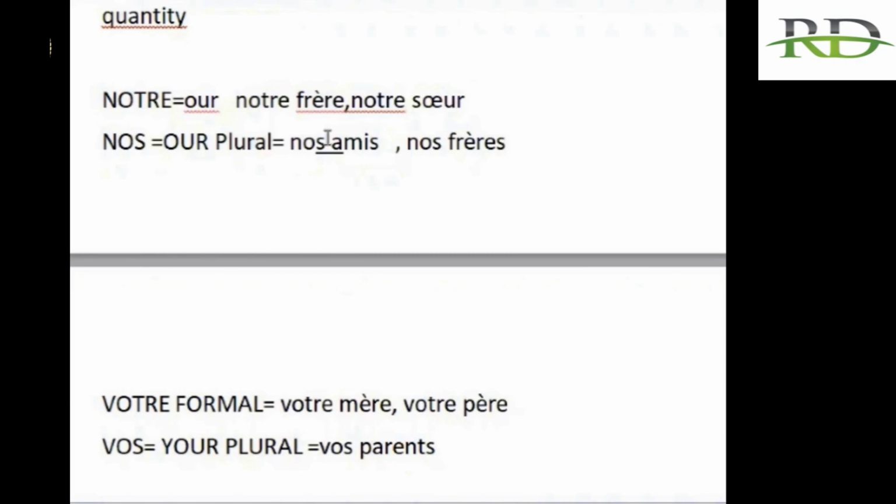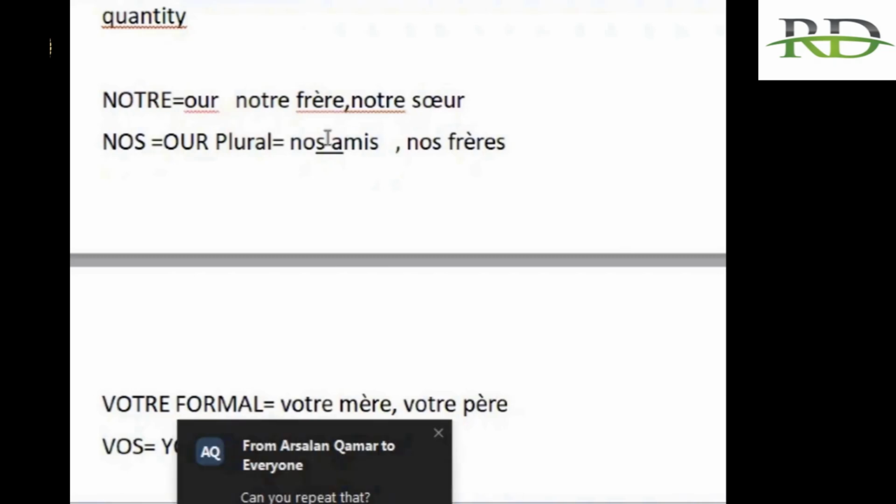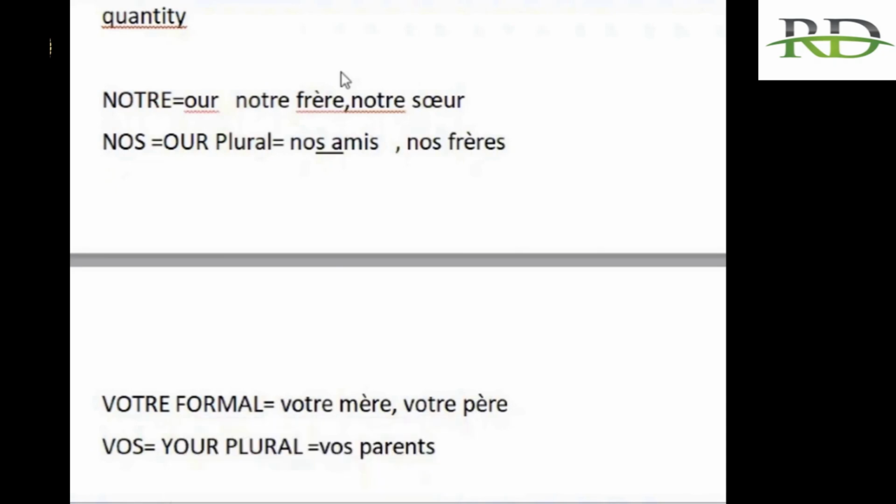Notre, and the same goes with the formal one. Yes, Arsalan, which one are you saying? This point, notre and nous. Notre means hamara, hamari. For both of them, you're going to use the same thing as it's singular.